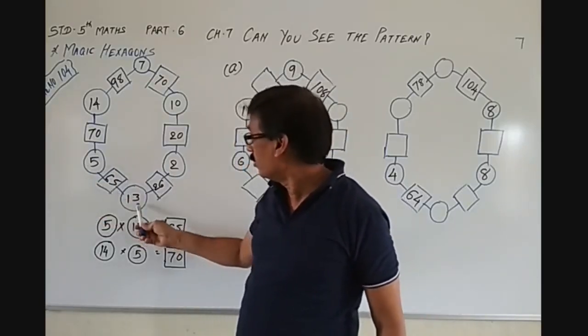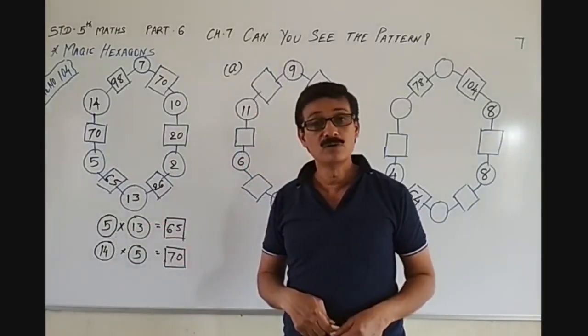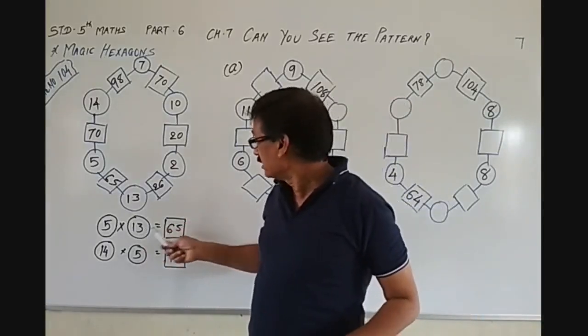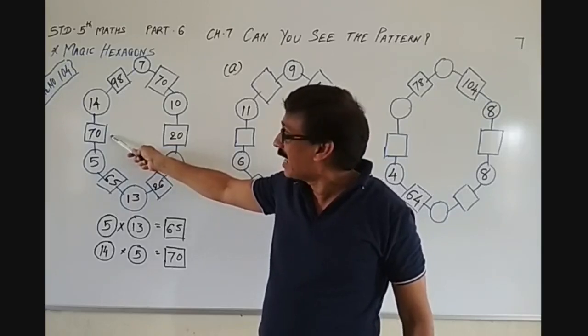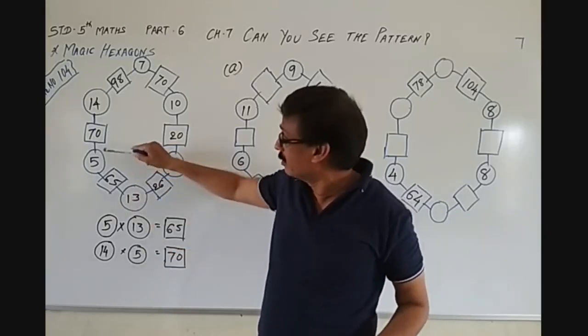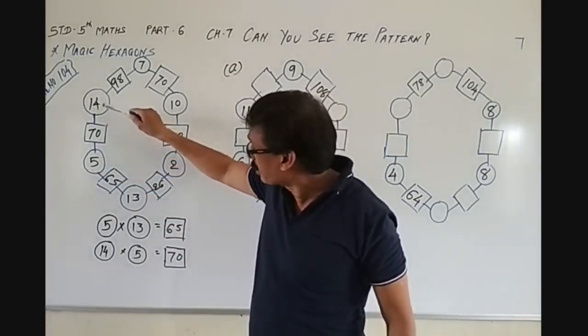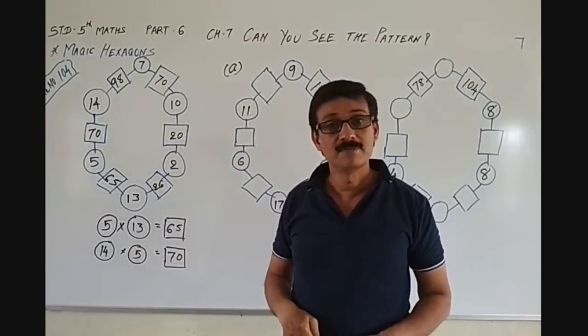Multiply 5 and 13. 5 multiplied by 13 is equal to 65. Same thing, suppose 70 is there. Then which are the 2 circles next to it? 5 and 14. Then multiply 5 and 14. 14 multiplied by 5 is equal to 70, isn't it?